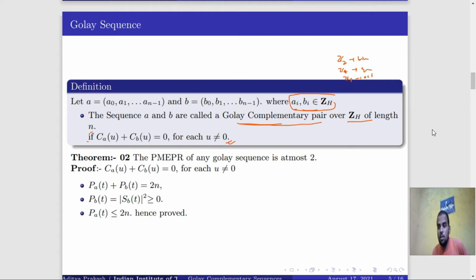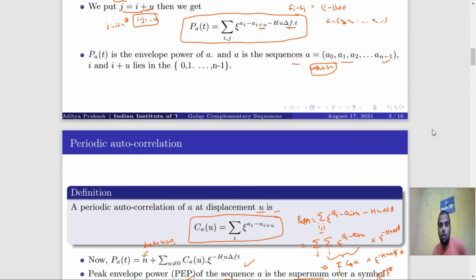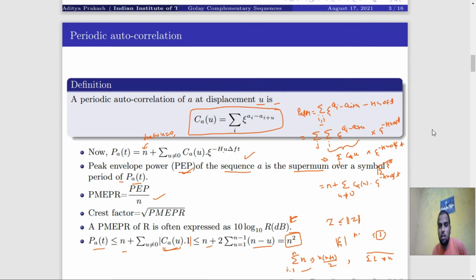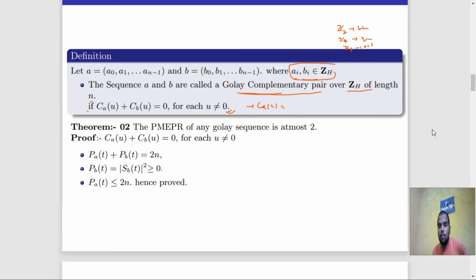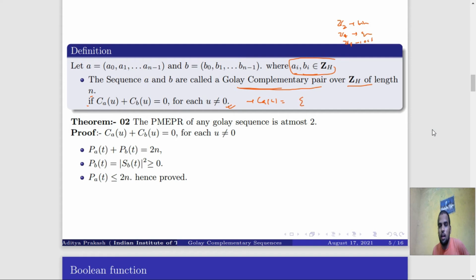But C_A(u) plus C_B(u) is equal to 0 when u is not equal to 0. Got the point? And what is C_A(u)? It is nothing but the periodic autocorrelation, which is the summation over i of ω^(a_i minus a_(i+u)). Okay, got the point?